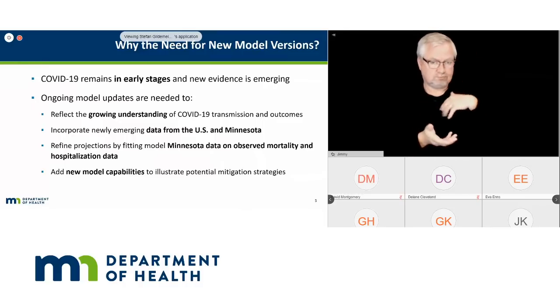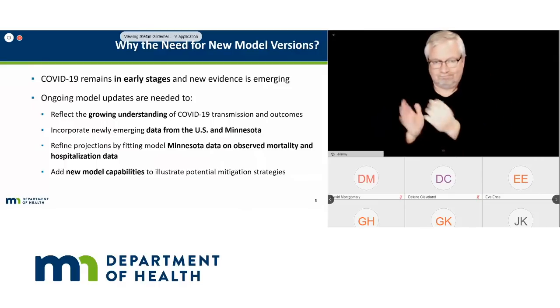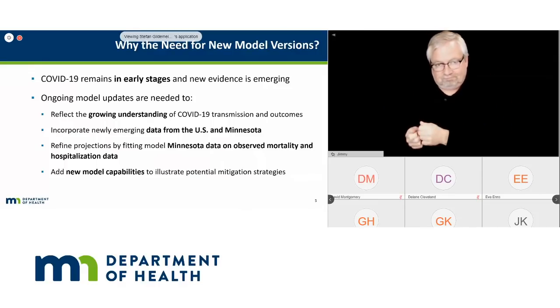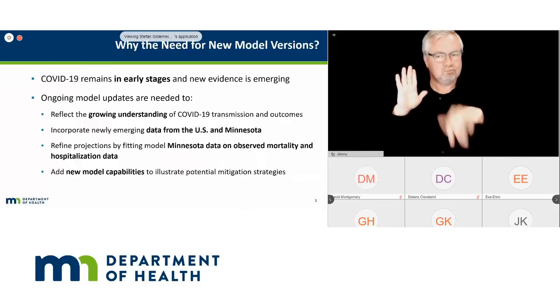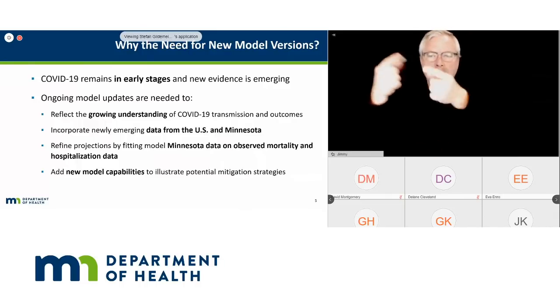And as that changes, the inputs have to change. And sometimes, as we've done in version 3, the structure has to change to accommodate a new understanding of how people experience the disease differentially.